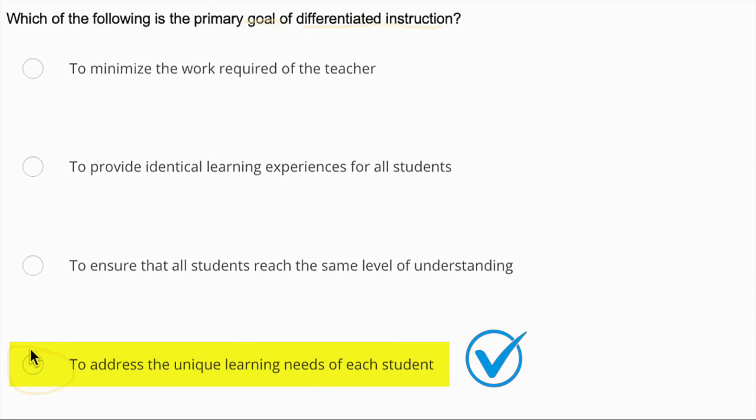Each student has unique readiness levels, interest levels, and learning profiles. And by paying attention to differentiated instruction, teachers can tailor their instruction to ensure that every student can learn and succeed. So that's how we've arrived at this answer as the correct one.